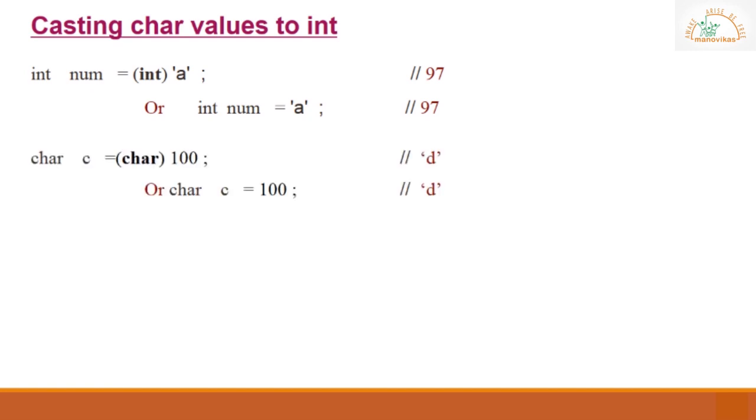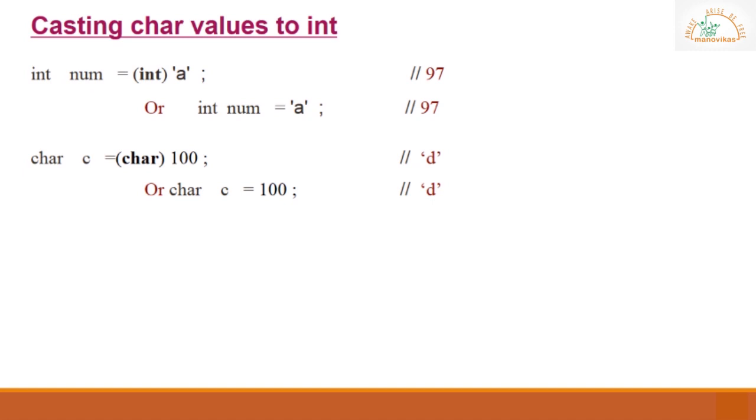Similarly, if you assign an integer to a character variable, that also doesn't give you any error. Instead, that integer value will be considered as an Unicode. So, this character variable C will get the respective character for this particular Unicode.